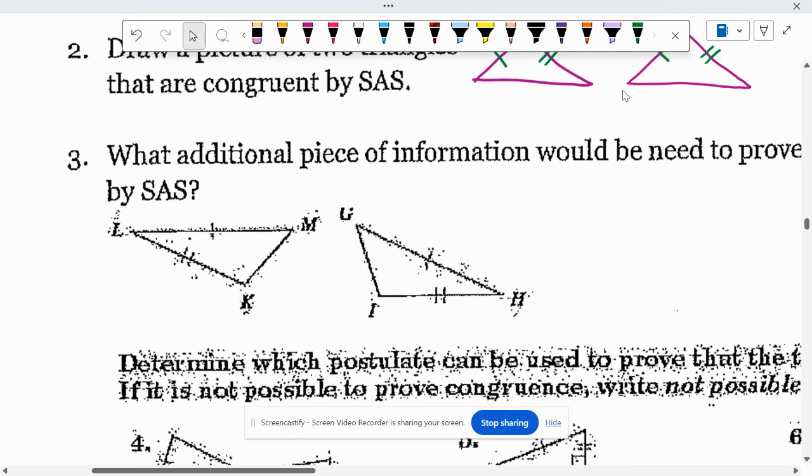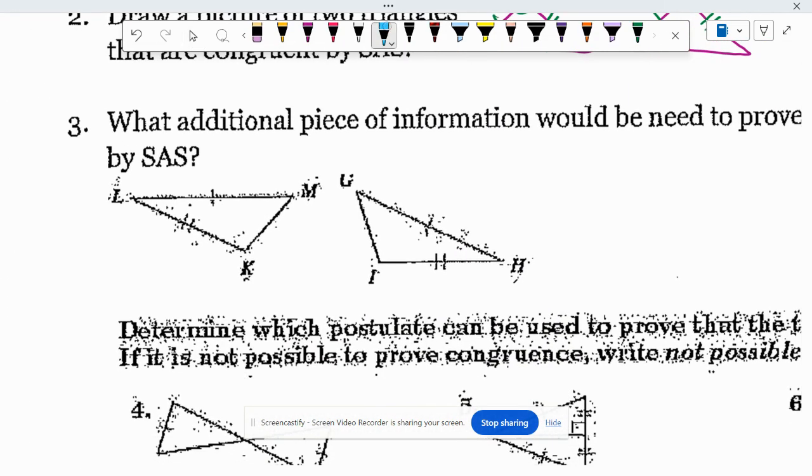So if you look at this bottom triangle, I have one mark congruent, two marks congruent to two marks. It says, what information is needed to say that these two triangles are congruent by side angle side? You need a statement that says this angle is congruent to that angle.